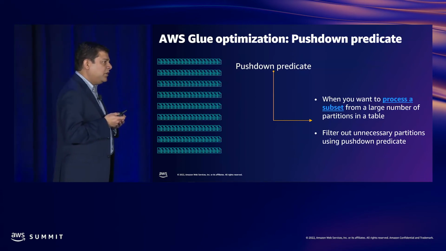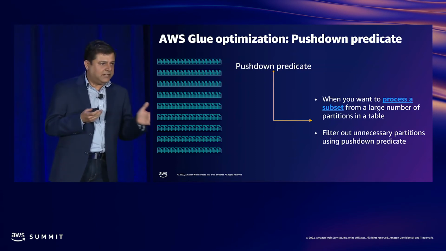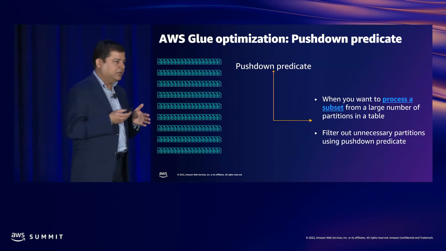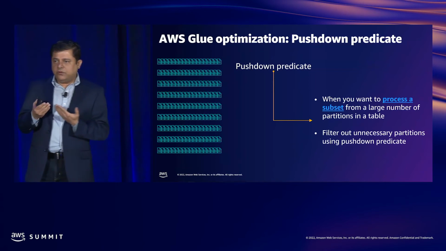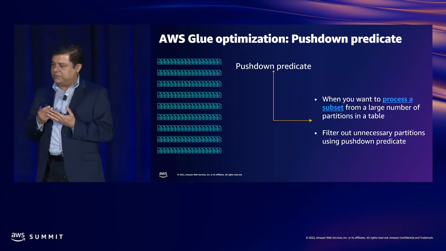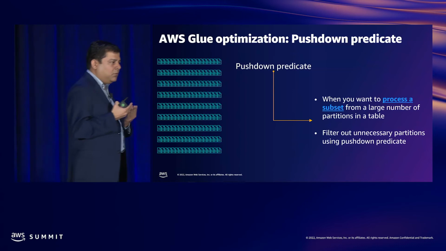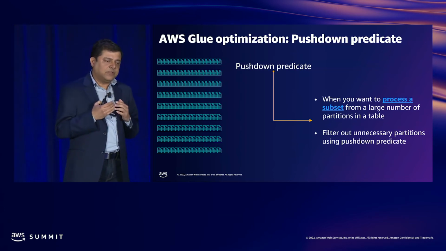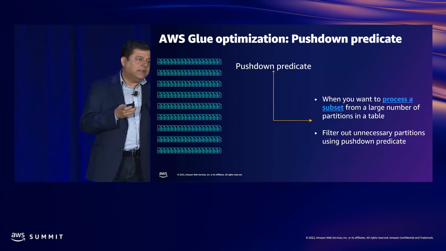And suppose you want to do a year-over-year calculation, so you want to compare the sales data of January 2020 to January 2021 to January 2022. For those cases, you don't want to request the entire data lake. You want to just apply a filter and request the required data. This is where Glue delivers something called Pushdown predicate, where you can apply this filter, and Glue will only request those data files and will filter out all the unnecessary partitions.